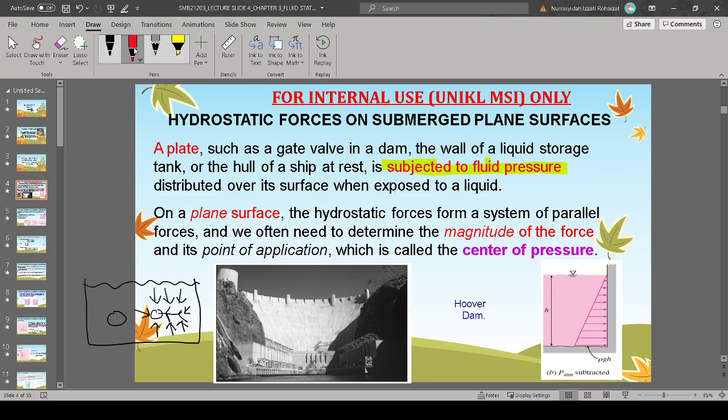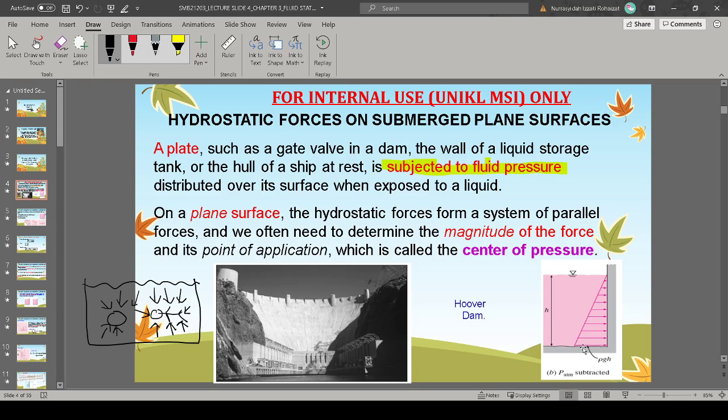So, going back to this: any kind of object, any shape, is subjected to pressure. From this pressure, for engineering applications, you want to calculate how much force is actually acting on these people here or the object there. For simplicity, let's look at this diagram where you have a lot of parallel forces acting on it.